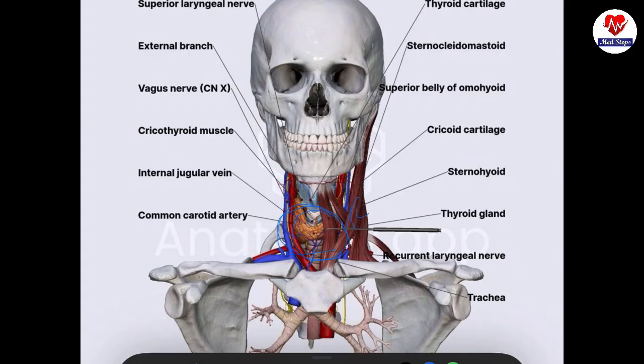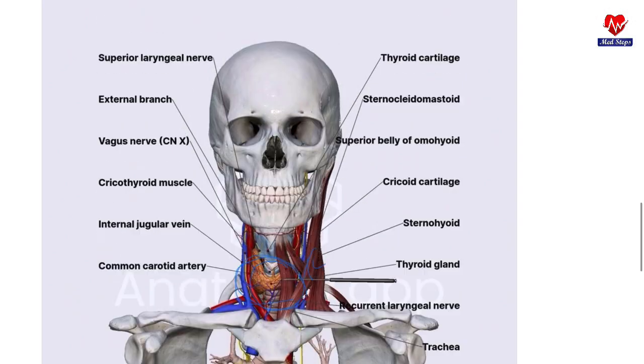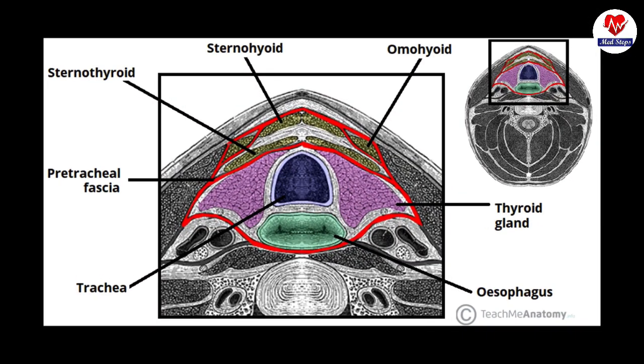Whenever we are doing surgery, if we are not getting proper visualization of the thyroid gland, then in some cases we have to cut the strap muscles, or in some cases we have to retract them. In this image you can easily appreciate the anterior and posterior parts.